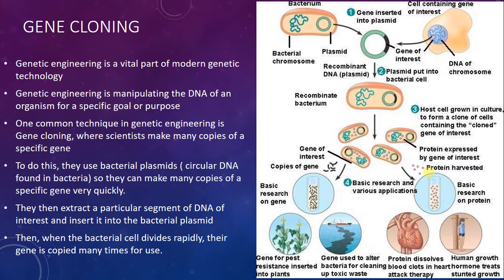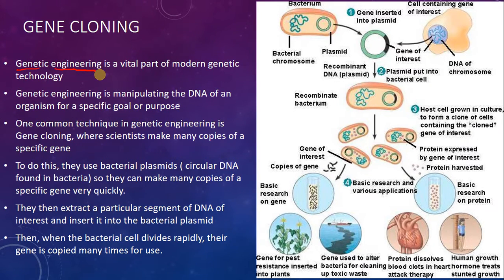Something that's very important in genetics nowadays, something that has a lot of controversy surrounding it, but also a huge potential to change our world for the better, is something called genetic engineering. And genetic engineering is any time we manipulate the DNA of an organism for a specific goal or purpose.